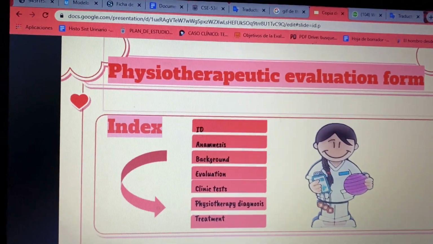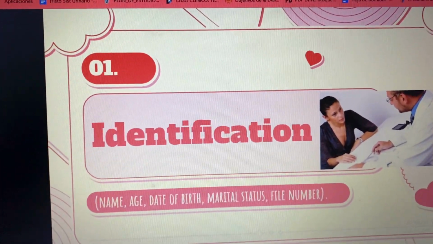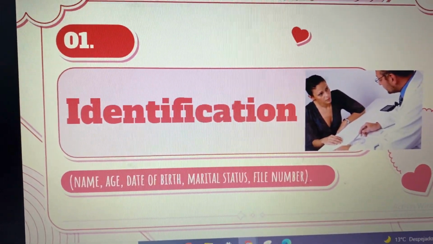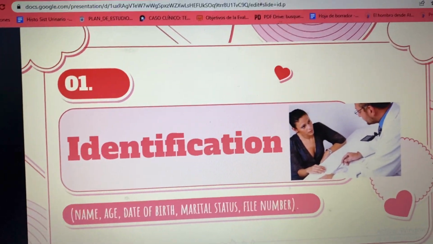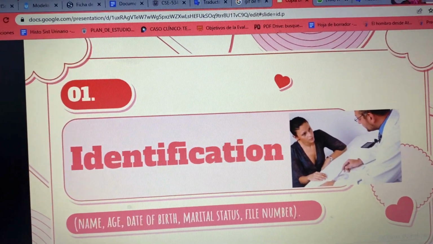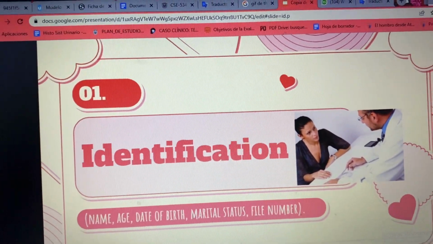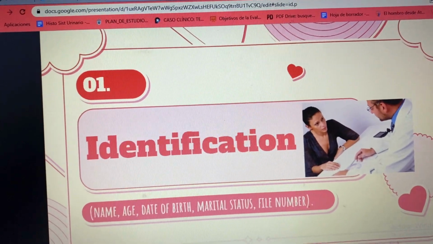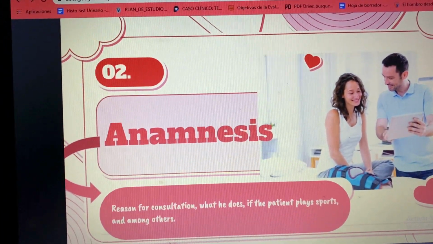Okay, first, point number one, we have identification. Who is the person? Name, age, date of birth, marital status, file number. Next we have anamnesis.